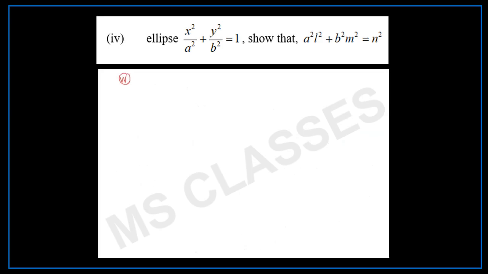Equation of the given curve is x square by a square plus y square by b square equal to 1, an ellipse.